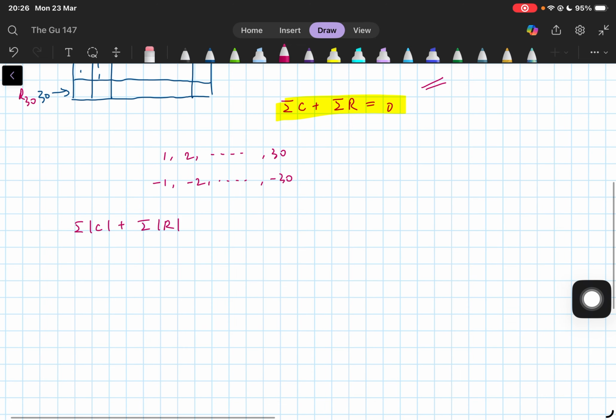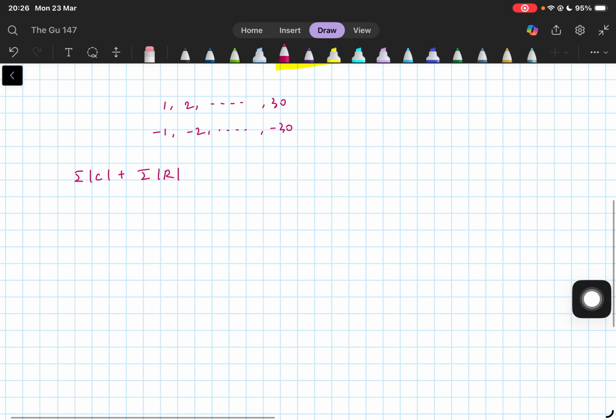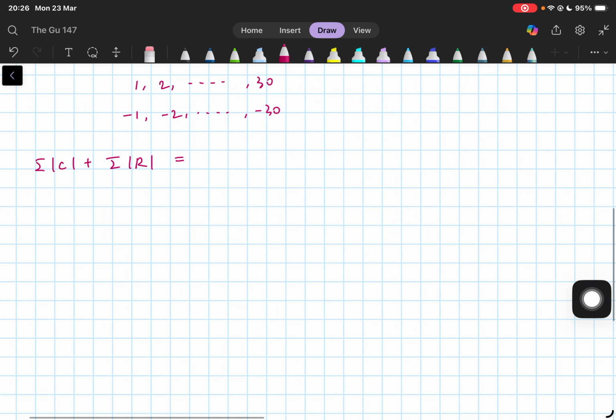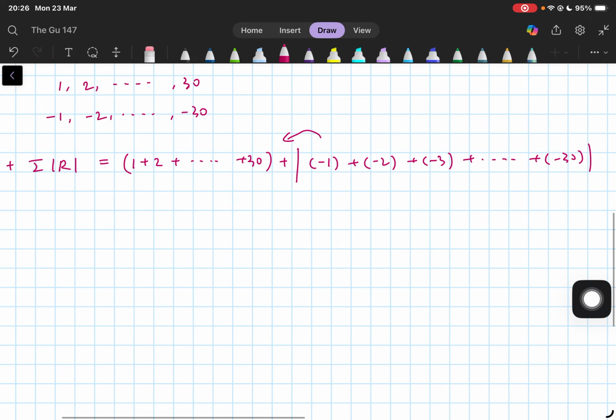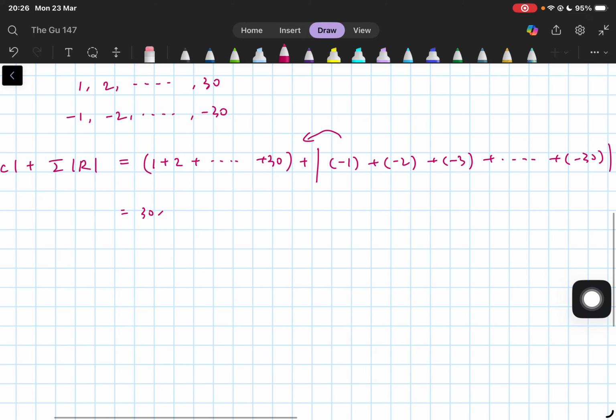Quickly we can work out the value: 1 plus 2 plus up to 30, plus the absolute values of -1, -2, up to -30, which will just be the same as that. So it will be 30 times 31, which is 930.